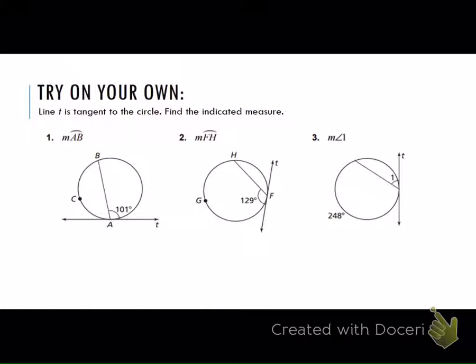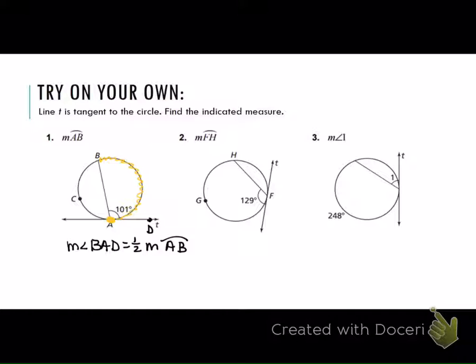So let's look at the next page. Is our vertex sitting on the circle? Yeah, so we can figure out what this arc measure is because we know that the measure of the angle, I'm going to call that D there, BAD, is equal to 1/2 the measure of arc AB.